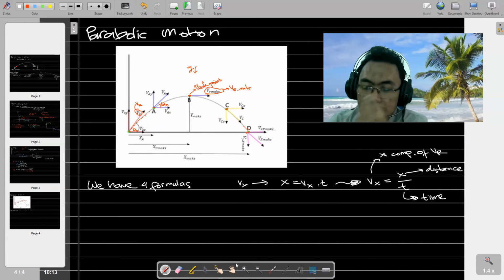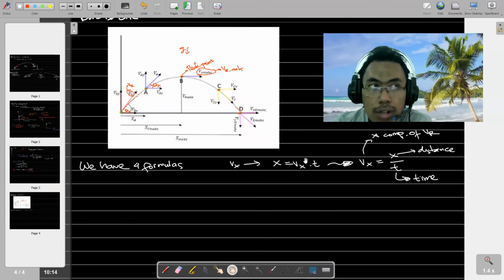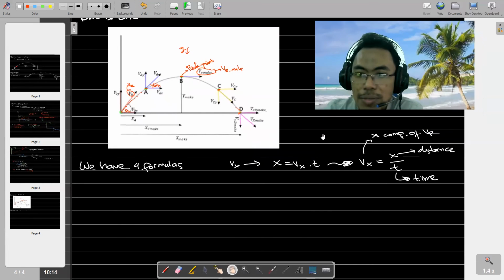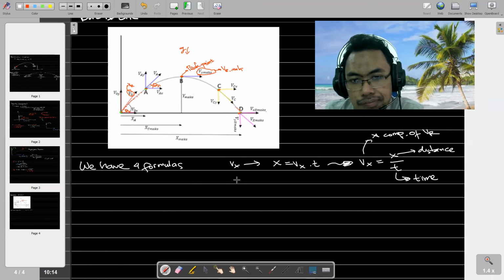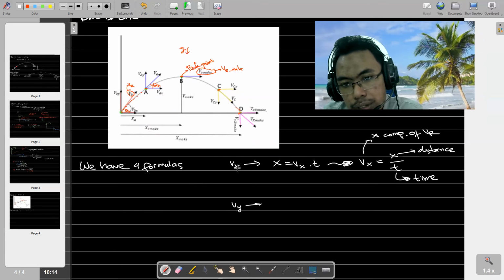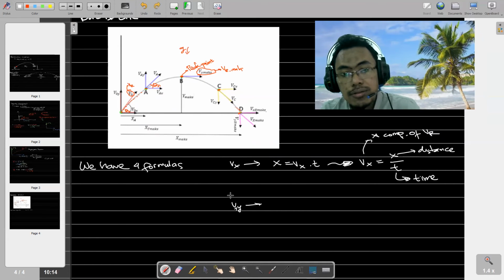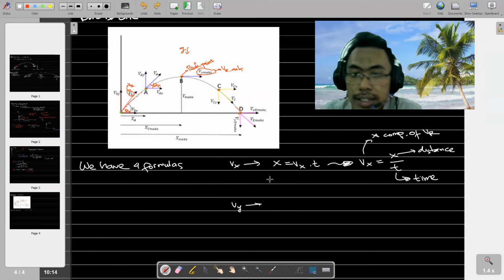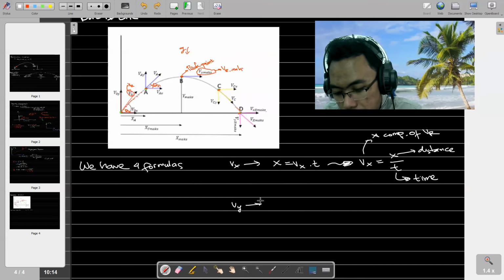Okay. I will tell you the meaning of each symbol after this, or maybe next week. And then if we talk about the Vy component, it can be V1y or V0y, but actually it's Vy. So we have 3 formulas.